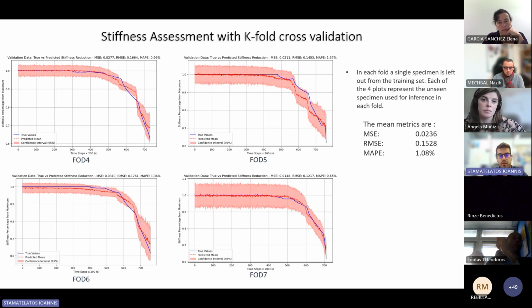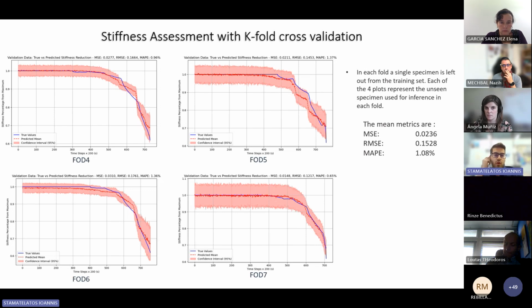It is important to notice that FOD5 was the only panel that damage had not been introduced. So it started as a healthy panel. Instead, the others had some damage inflicted in the form of impact. So as you see, for FOD5, the prediction is underestimating the true stiffness values.